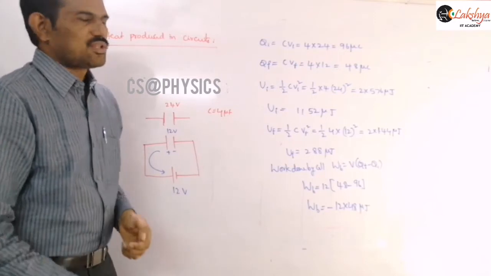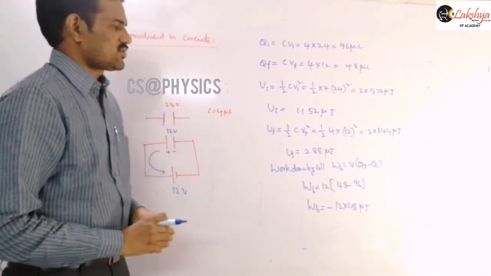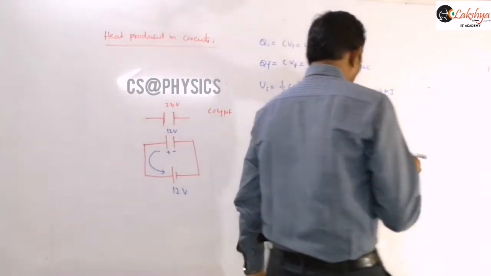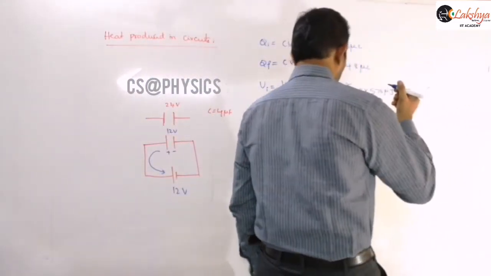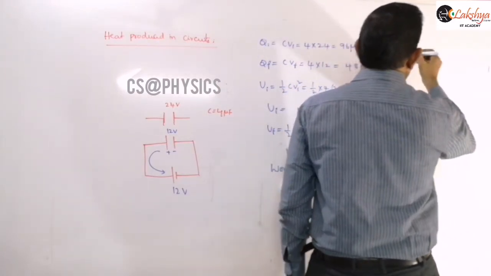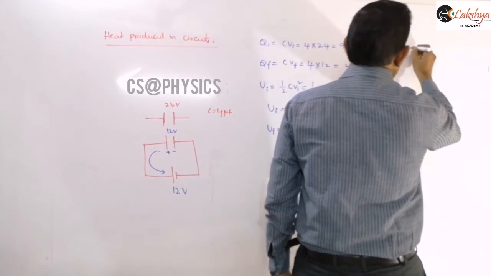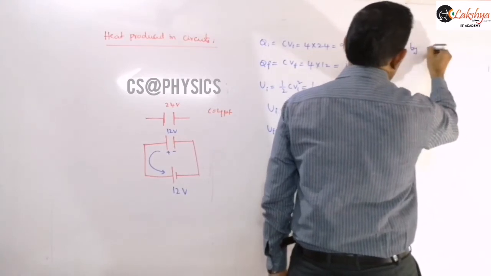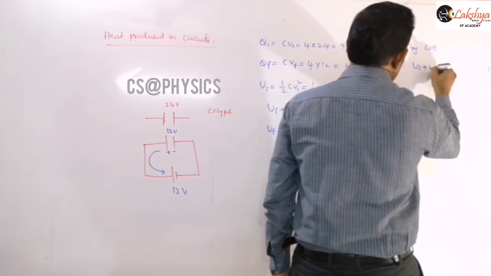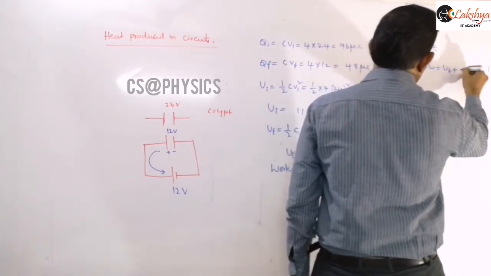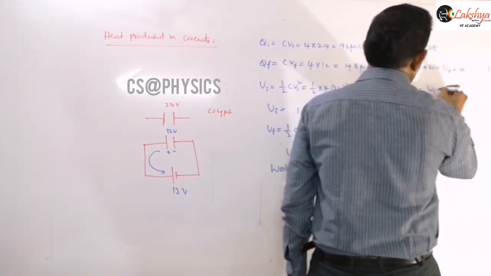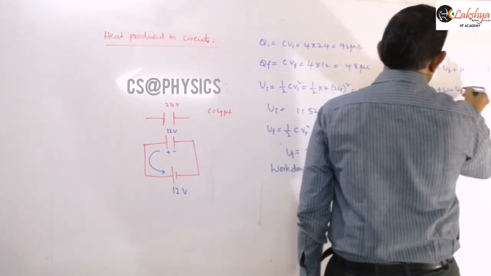And just by substituting these values in our conservation of energy, you can write that expression. So by conservation of energy, we can write U initial plus W is equal to U final plus H. Therefore H is equal to U initial plus W minus U final.